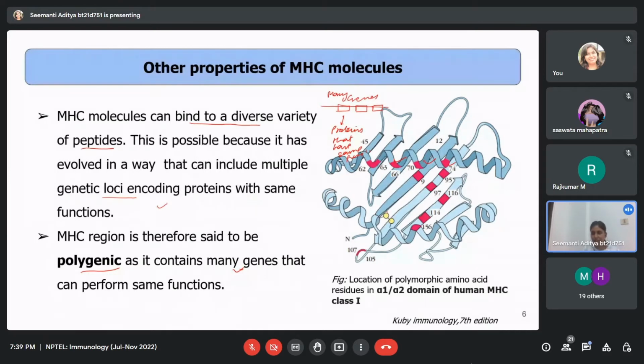So these sequences are not conserved, and there will be polymorphism mostly in the alpha 1 and alpha 2 domains in human MHC class 1, whereas in the alpha 1 and beta 1 domains in case of MHC class 2, because these domains constitute the peptide binding cleft.